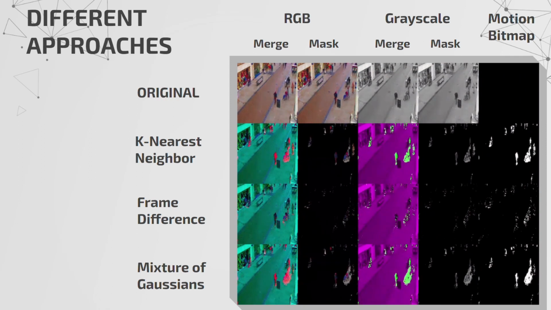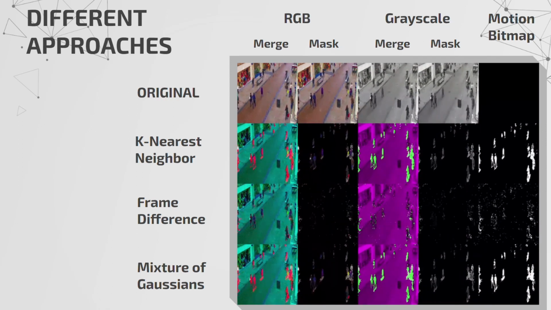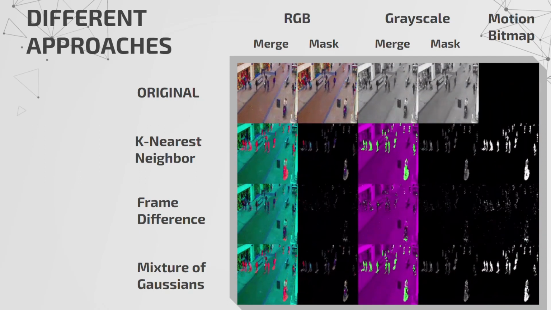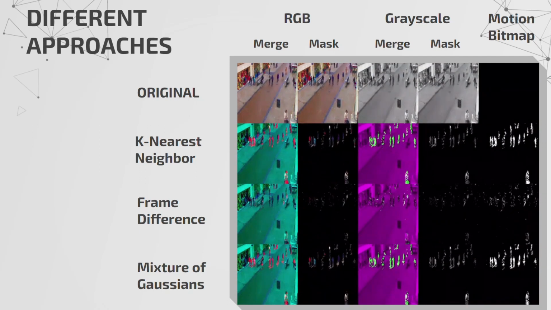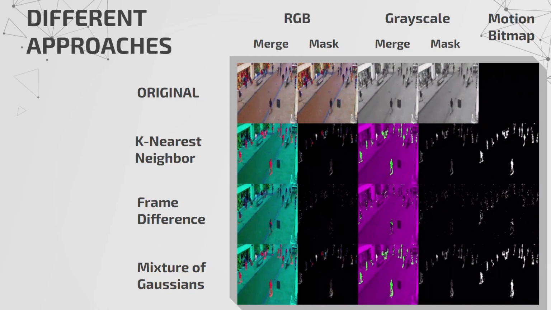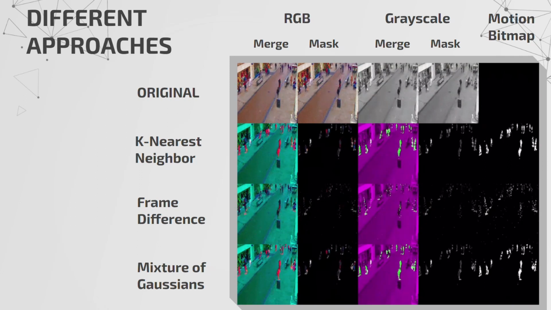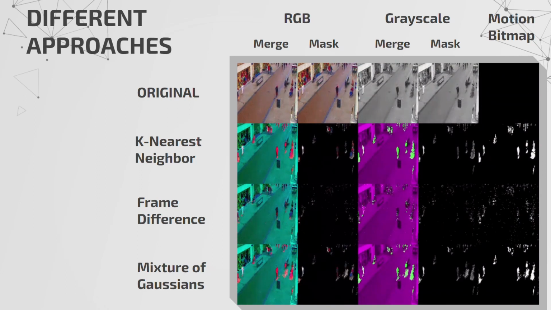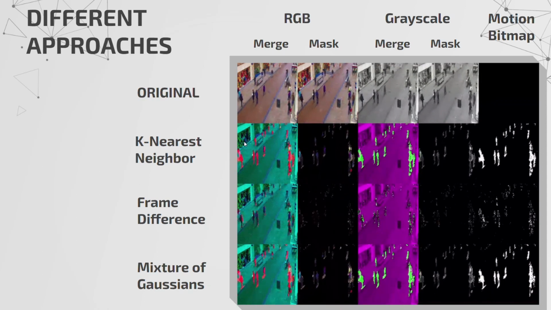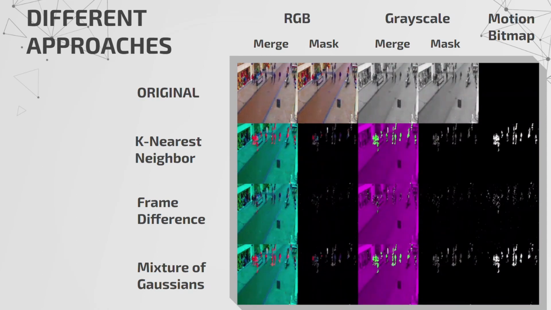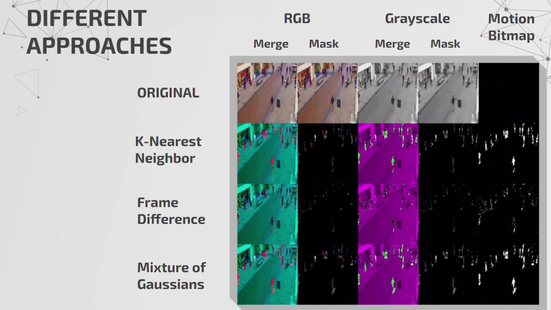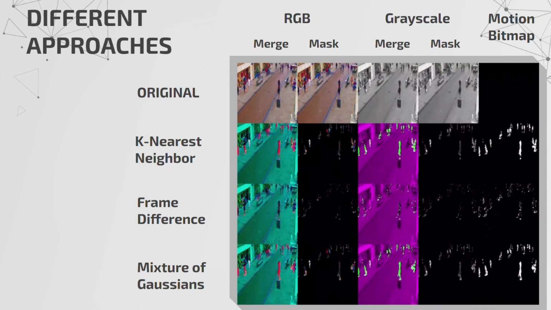And this difference is then thresholded, and where this difference is higher than a set threshold, we identify that pixel as a rapidly changing pixel or as movement. We then have more complex approaches, such as the ones based on k-nearest neighbor or mixture of Gaussians background removal techniques.